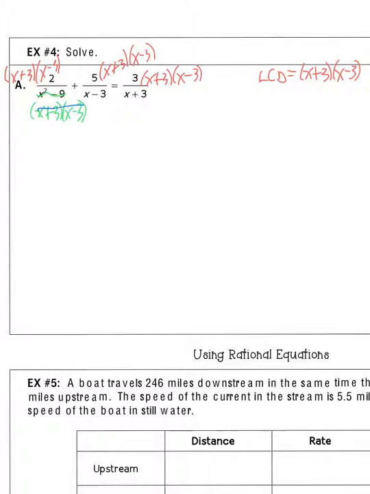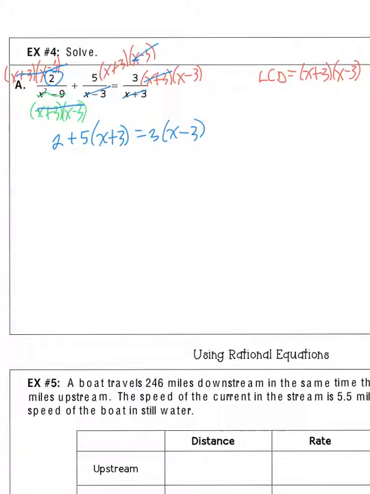So all of these are going to cancel with all of these, and all you're left with is the 2. Then the x minus 3 cancels with x minus 3, so you have a plus 5 times x plus 3 equals x plus 3 cancels with x plus 3, and you have 3 times x minus 3.